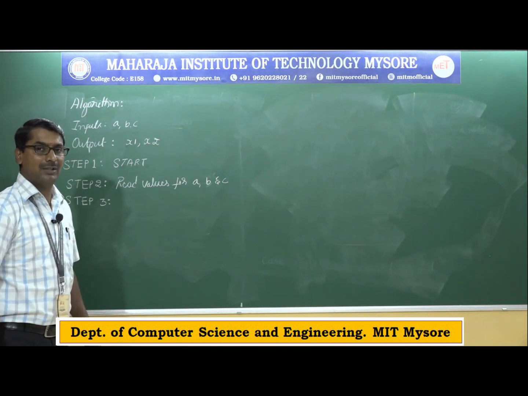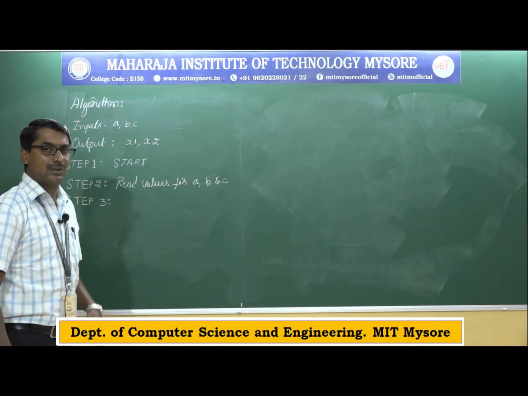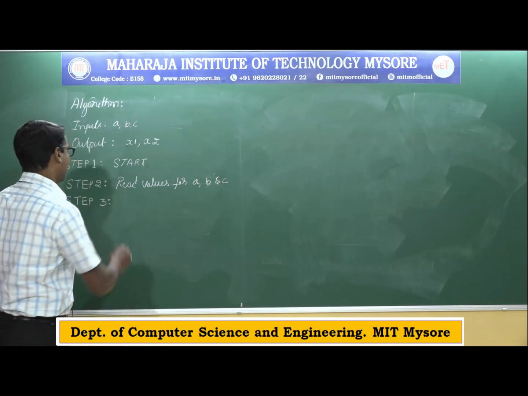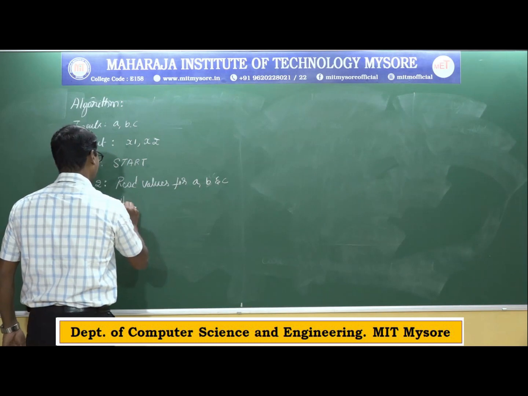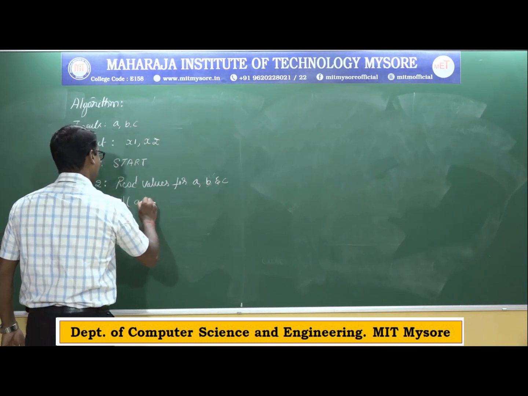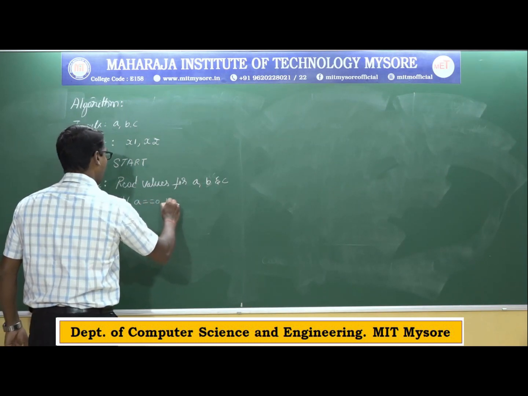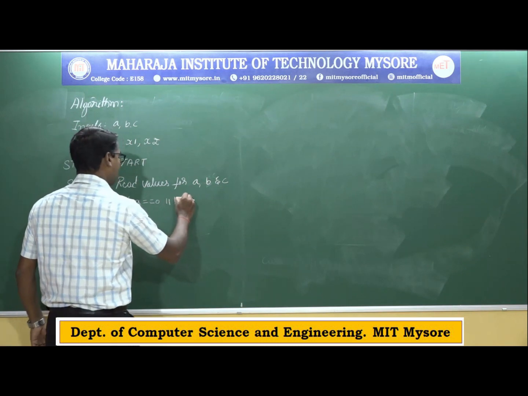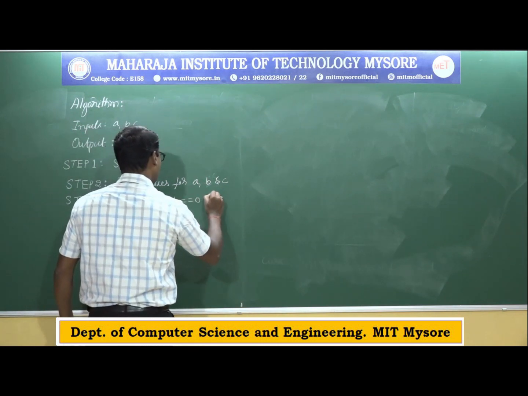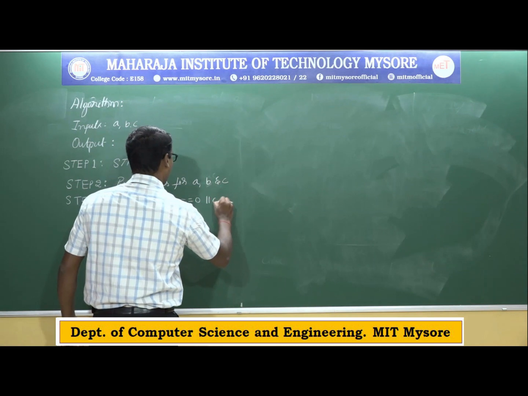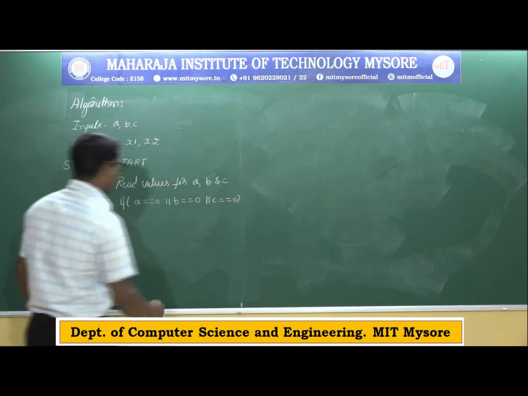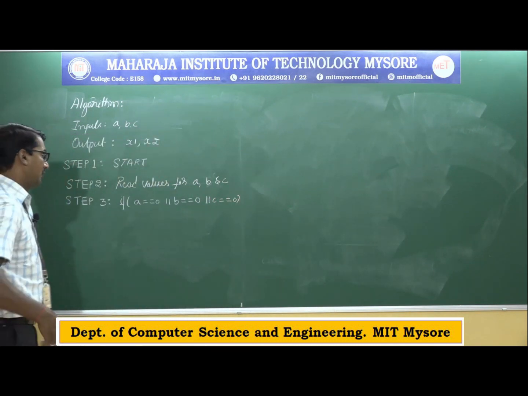If any one of the values is 0, then roots calculation is not possible. So, here we put one condition: if A is equal to 0 or B is equal to 0 or C is equal to 0.